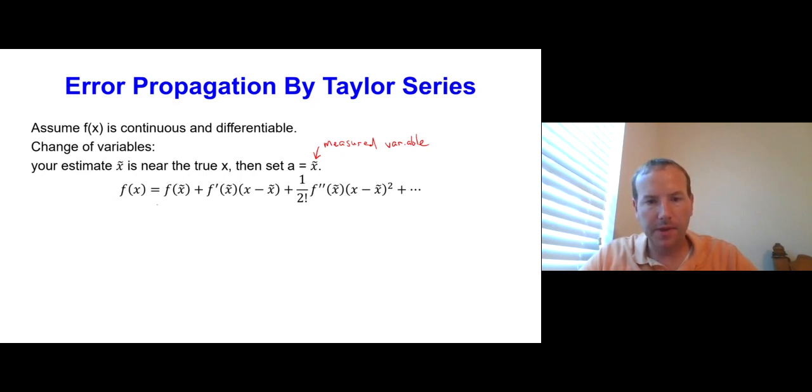And so this is just the Taylor series, but using a variable substitution where we set a equal to x tilde, our measured variable. And then we're going to use a first order approximation. And when we do that, we're not going to be using this term.